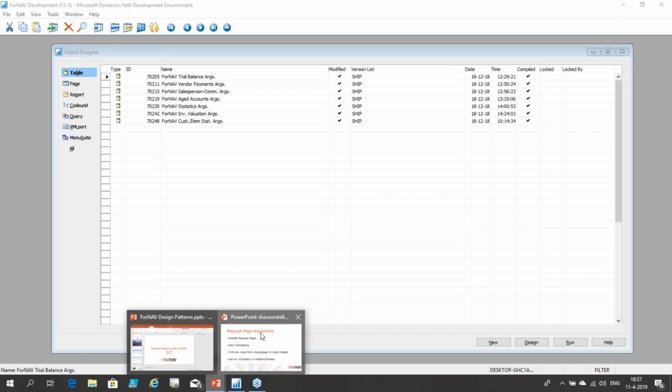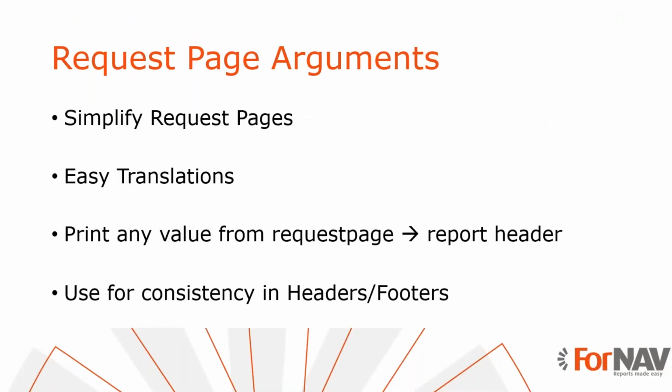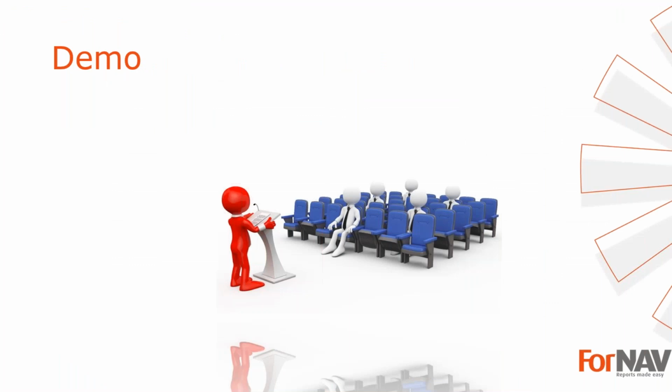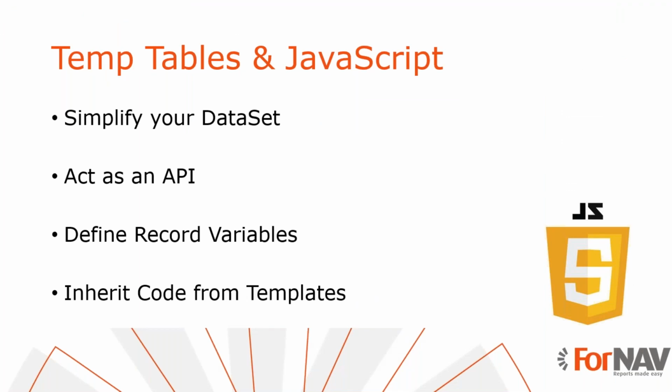So argument tables are a very important feature in the ForNAV report pack. And it leverages the power of temporary tables in NAV. And we can take it to the next step by starting to use temporary tables to simplify the dataset. And this is a balancing act. Most of the time in NAV, the data is stored in the table the same way it is displayed in the user interface.